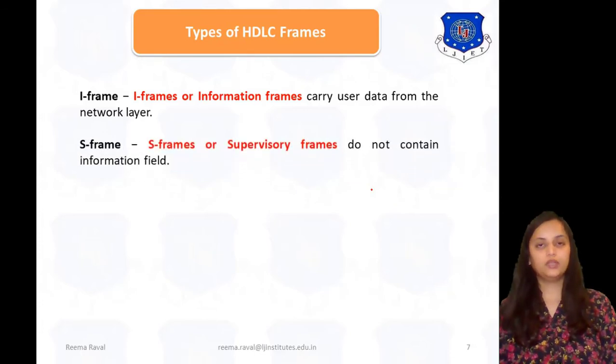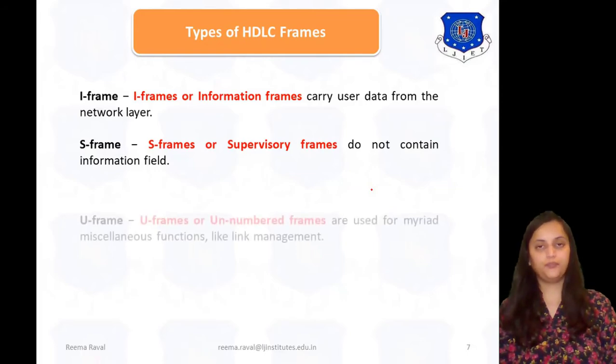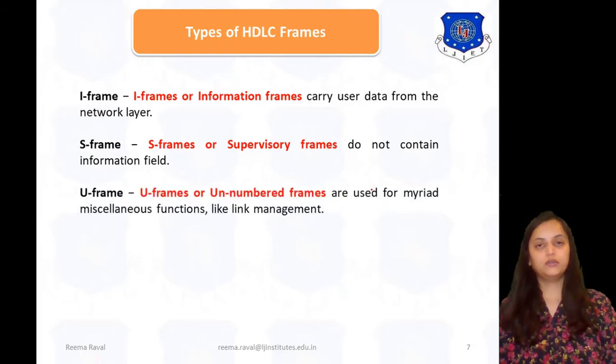Now the second is the S frame, which stands for supervisory frames, which do not contain an information field. They are used for flow and error control when piggybacking is not required, and the first 2 bits of the control field of an S frame are 1, 0. Now the third type of HDLC frame is the U frame, which means unnumbered frames, which are used for myriad miscellaneous functions like link management.